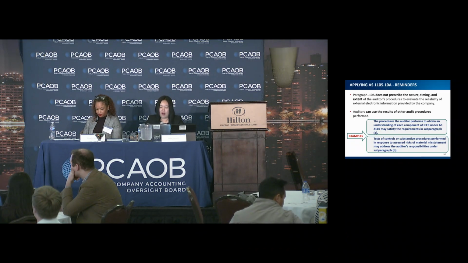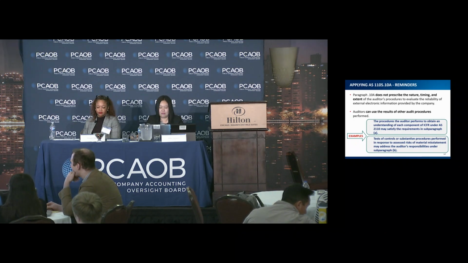Keep in mind the purpose of this requirement is to evaluate the reliability of the information that is being used by the auditor as evidence, and it's not to audit the external information. Just like other provisions in AS 1105, paragraph 10 cap A is principle-based and scalable.